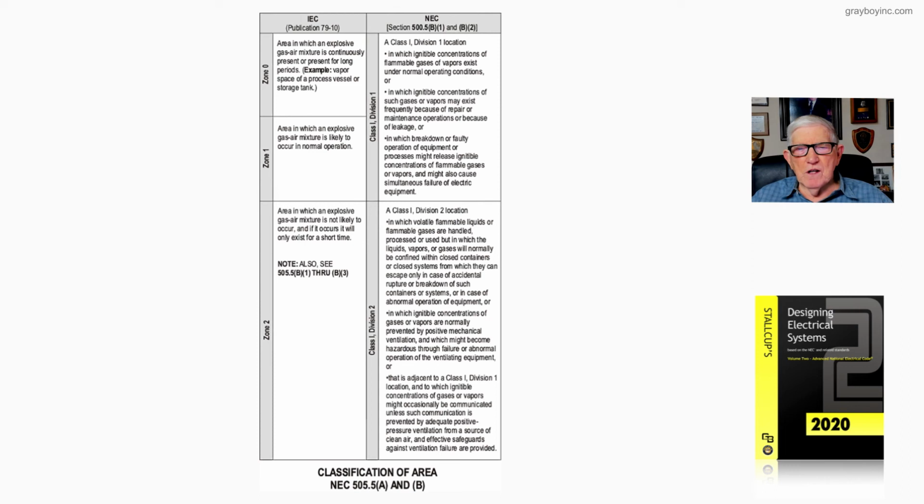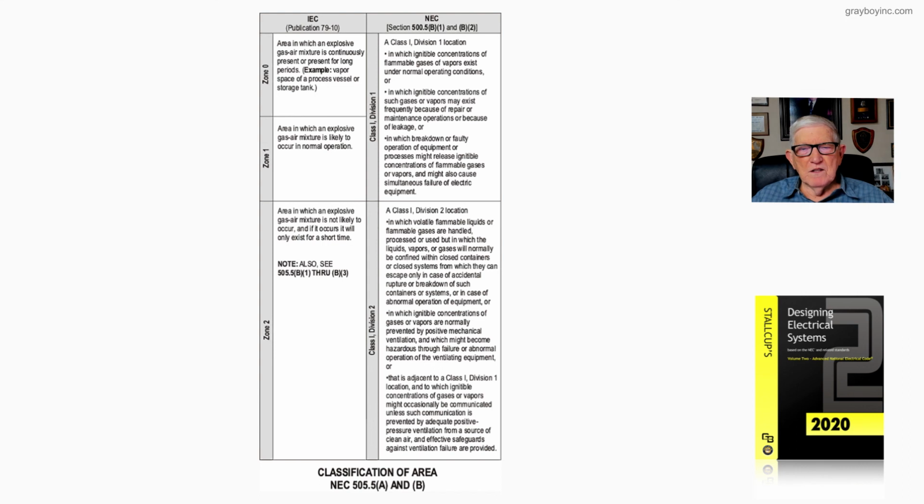And then, of course, your Class 1 Division 1 area would be that kind of an area if you didn't have adequate pressure that would keep the vapor from entering in. If that should fail, and our effective safeguard measures failed us, then naturally we would need to know that.